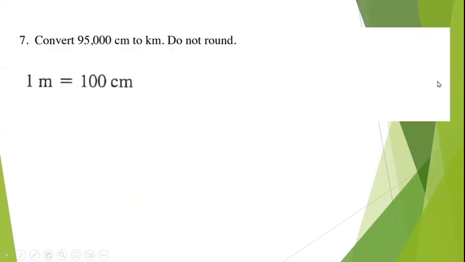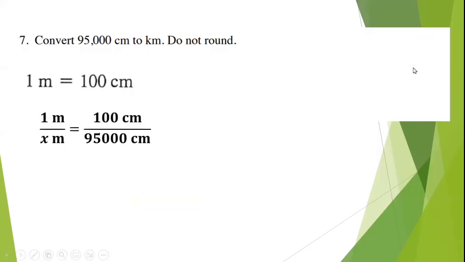So first, we are going to be converting our centimeters into meters. So if 1 meter is equal to 100 centimeters, we've got 95,000 centimeters. We're going to solve for how many meters we've got first, which would give us 950. Then finally, we're going to convert those meters into our kilometers.